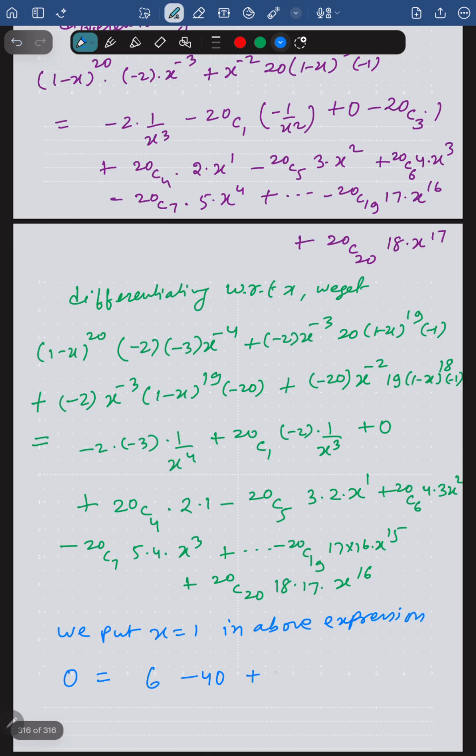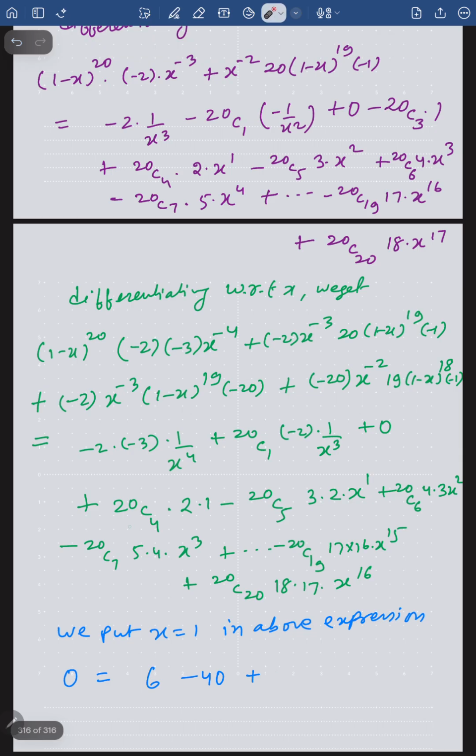Here you are getting 20c4 into 2 into 1. That is the required portion. 2 into 1 20c4 minus 3 into 2 20c5 because x is 1 now. 4 into 3 20c6, that is required part till here.